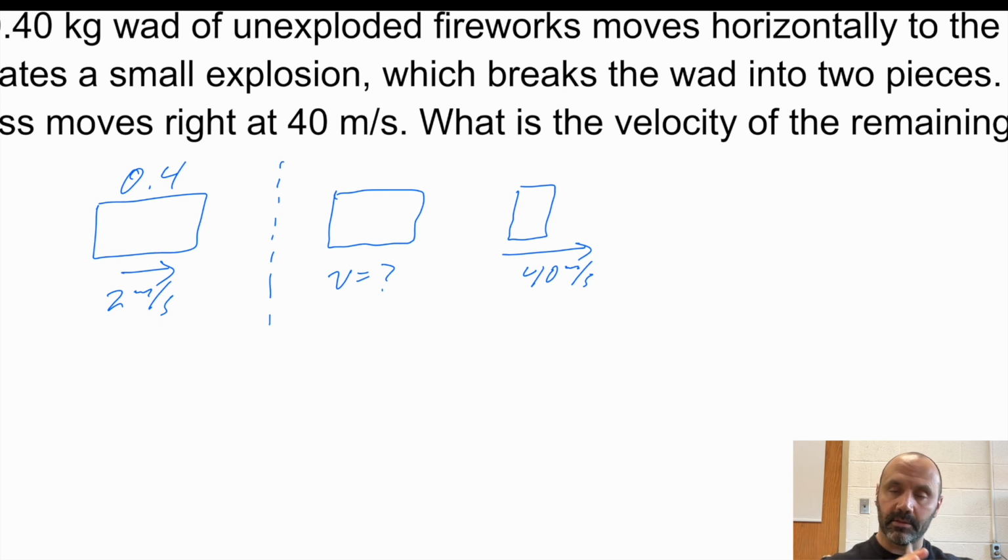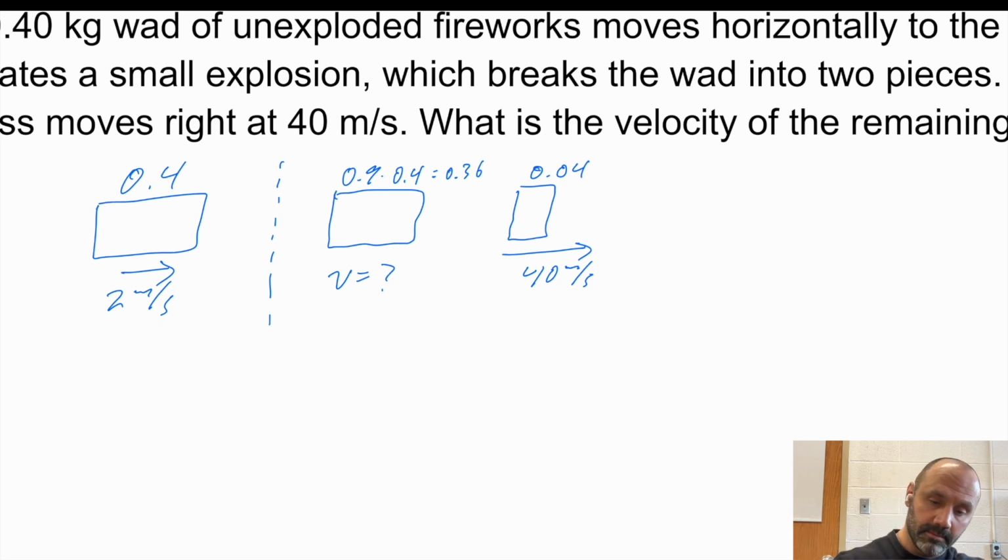Now, the other piece that we're finding the velocity for is going to be 90% of 0.4. So it's actually 0.9 times 0.4, which I think should just be 0.36 kilograms. And then 10% of 0.4 is just 0.04, right? You could do 0.1, 10%, times 0.4, and that gives you 0.04.